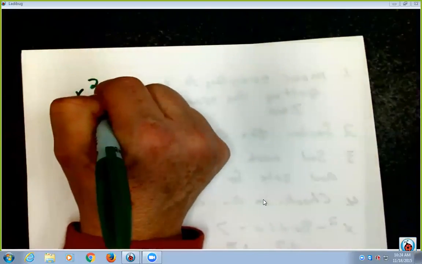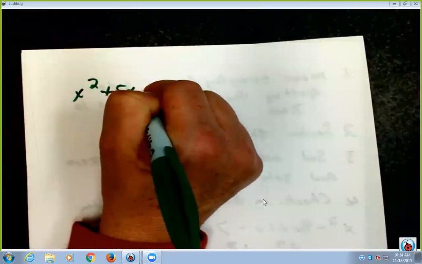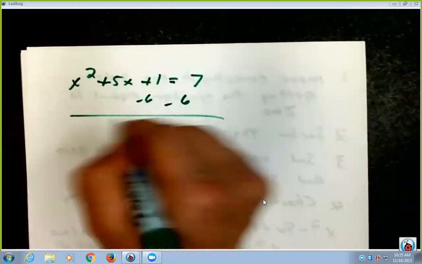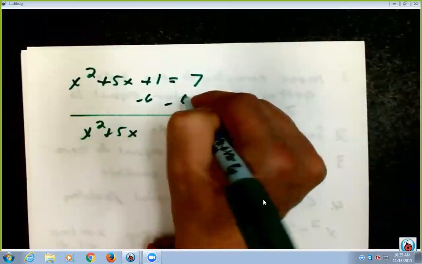How about this one? X squared plus 5x plus 1 equals 7. Work it through. We'll see what you guys end up with. So I'm going to minus 7, sorry.